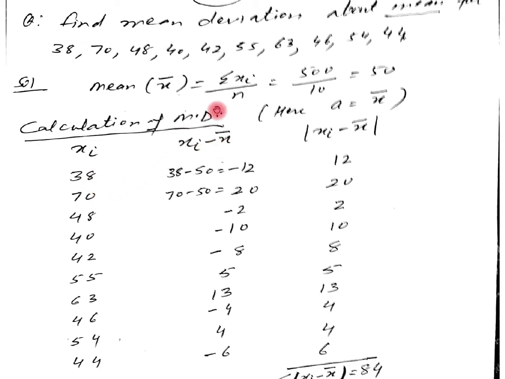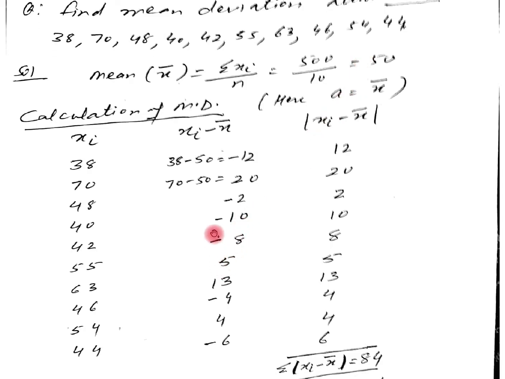For example, 38 minus 50 is minus 12. Similarly, 70 minus 50 equal to 20. 48 minus 50 is minus 2. 40 minus 50 is minus 10. Then 42 minus 50 is minus 8. Similarly, we are getting all these values. This is xi minus x bar.